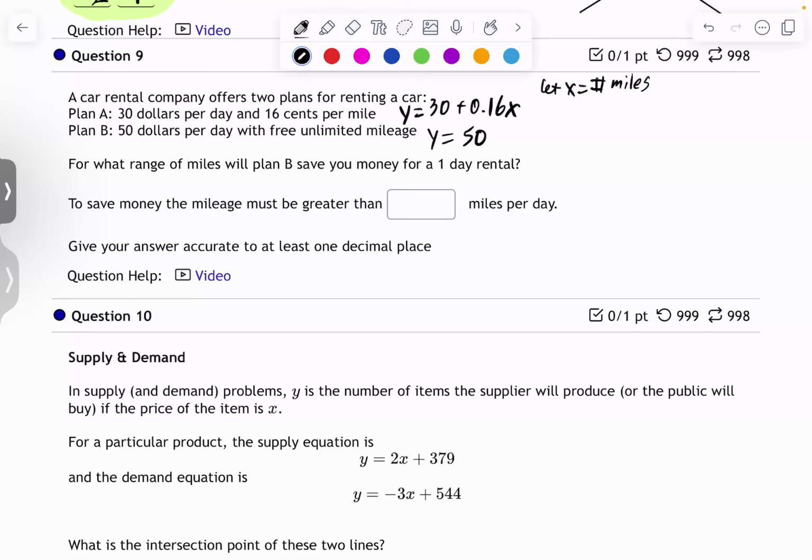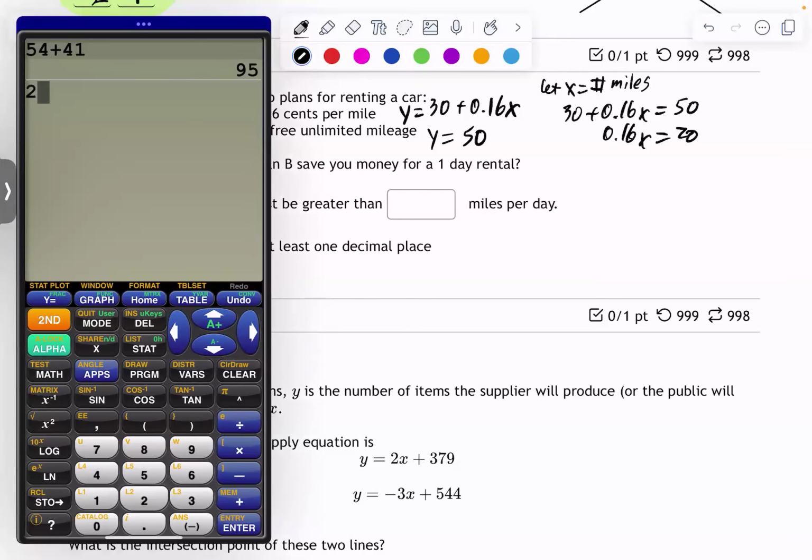So if we set those equal to each other, we want to find that equilibrium point. So 30 plus 0.16x equals 50. This means x is 125 miles.